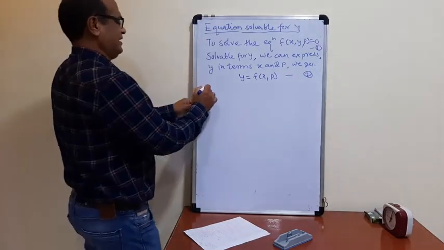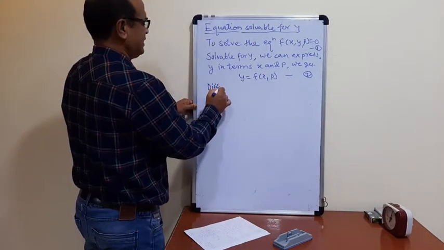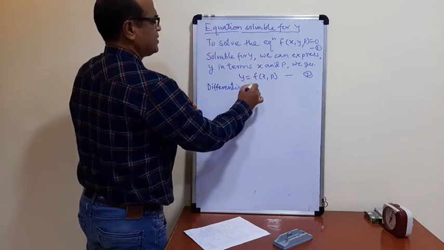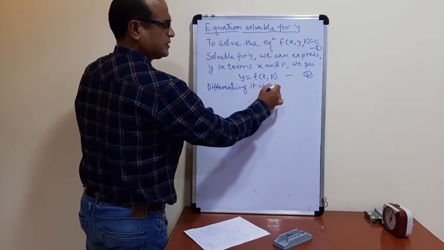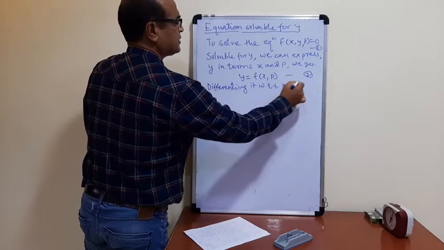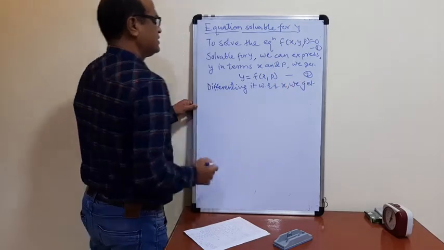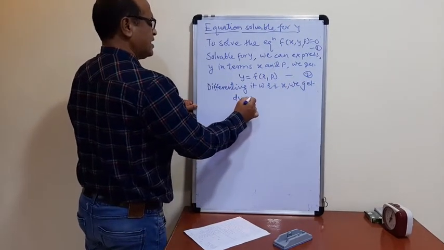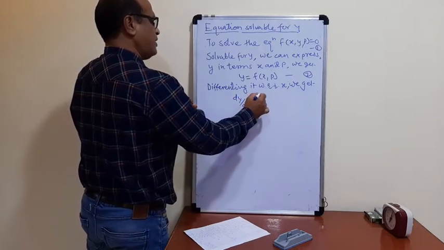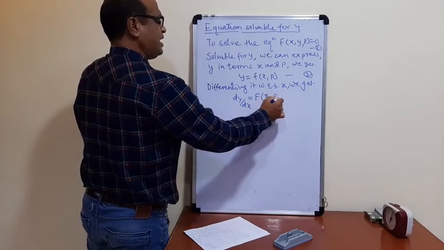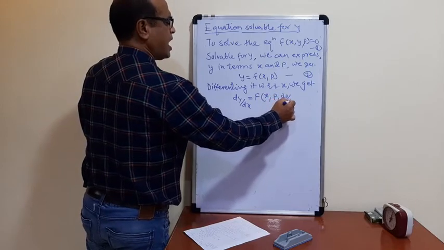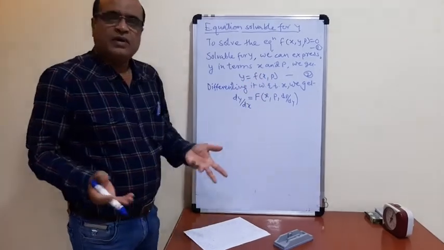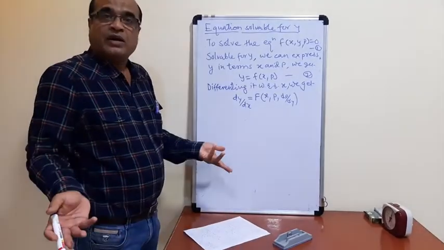Differentiating it with respect to x, we get dy by dx is equal to some function of x, p and dp by dx.